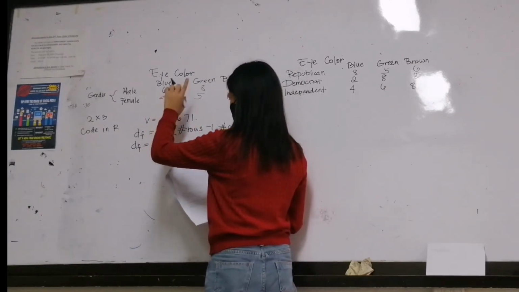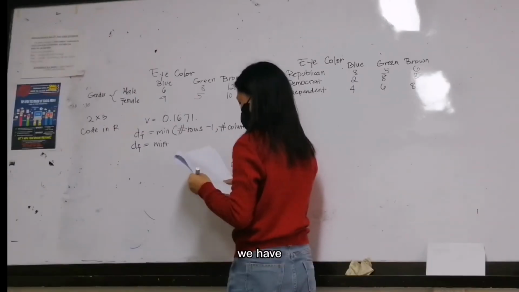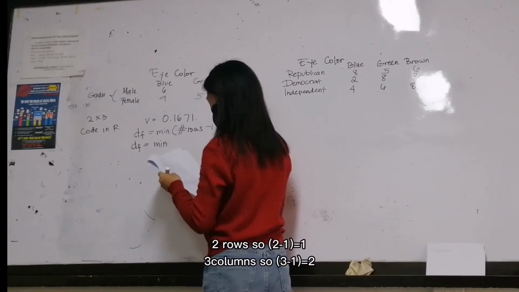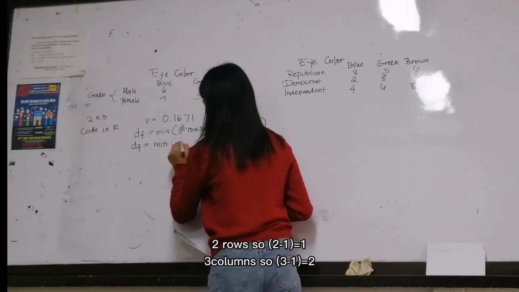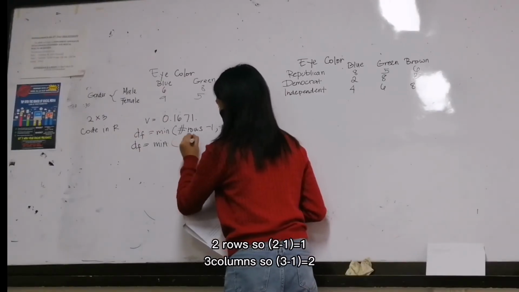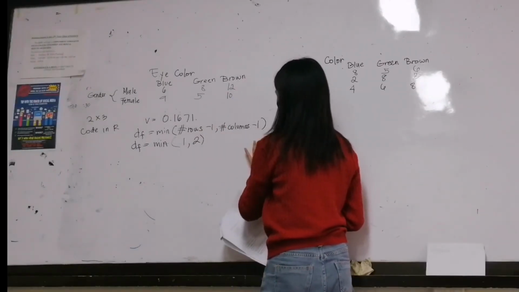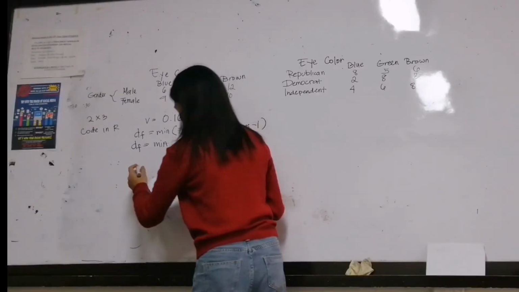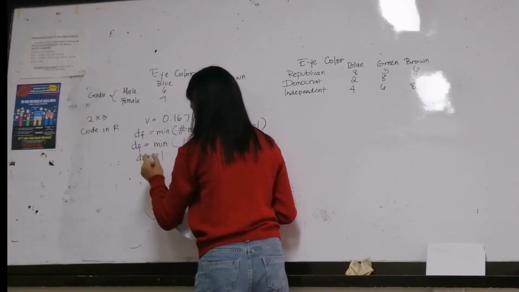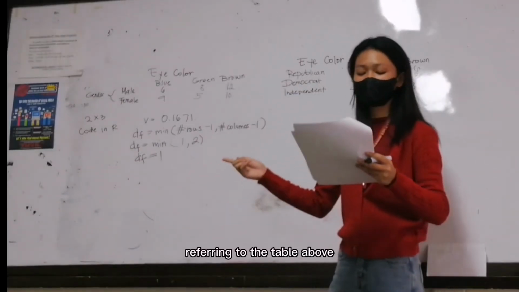We have 2 rows. 2 minus 1, so the degrees of freedom is 1.